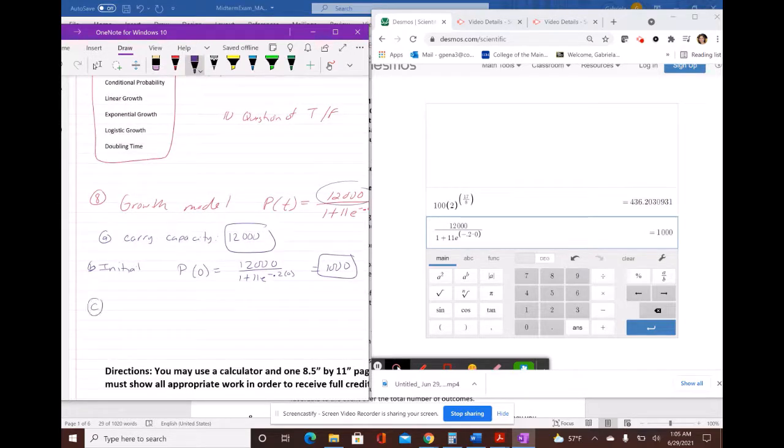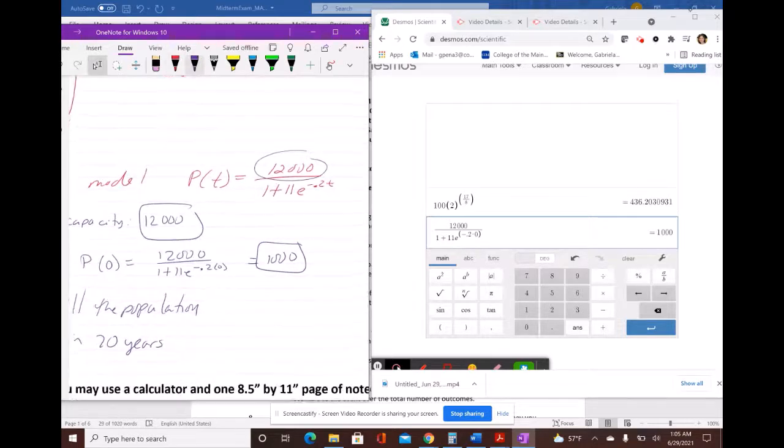Now the last part of this question is what will the population be in 20 years? So what is it going to be in 20 years? In order to figure that out, I'm going to do P of 20, which is 12,000 over 1 plus 11e to the negative 0.2 times 20.